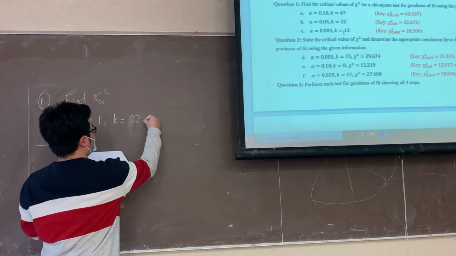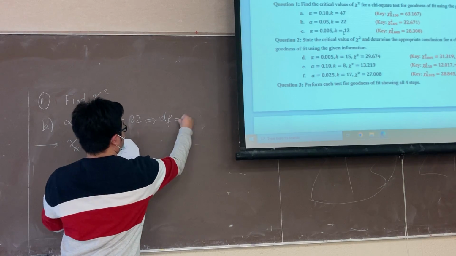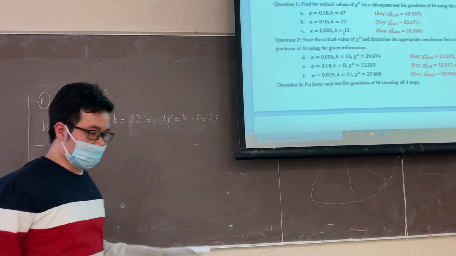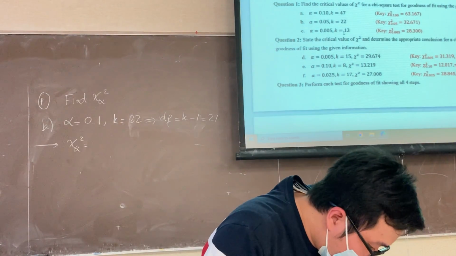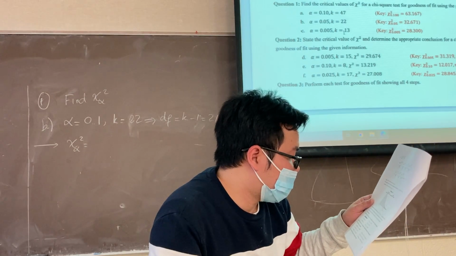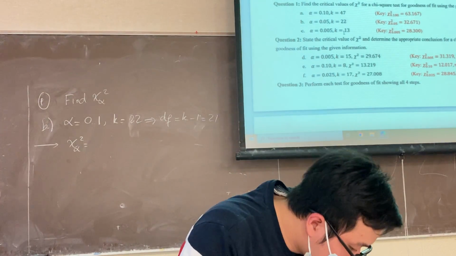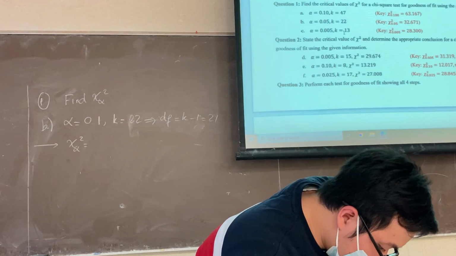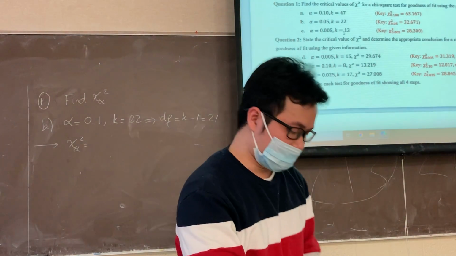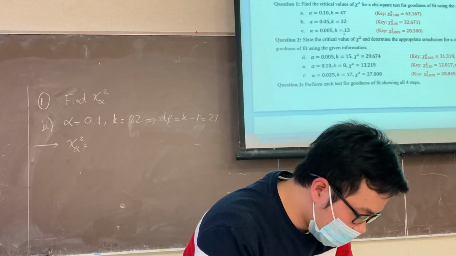K is 22, so the df here is 21. You can look at the table to find out the critical value for chi square alpha here. Could you tell me what the critical value is? Okay, Maria, please. 32.67.